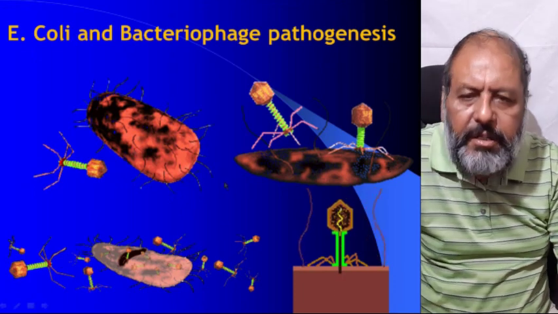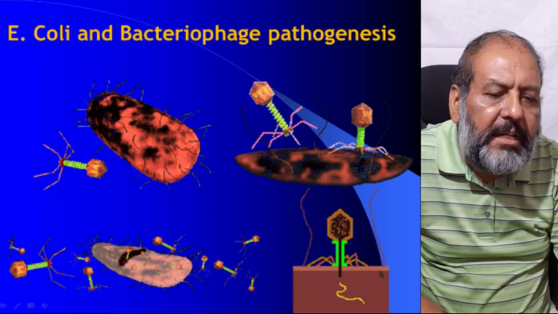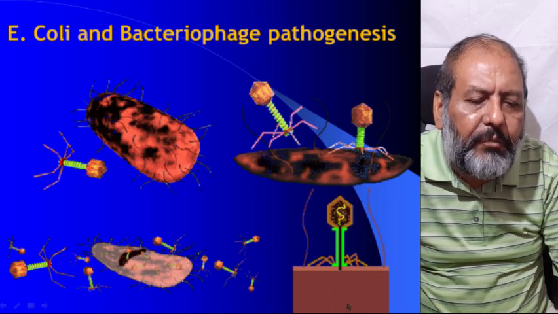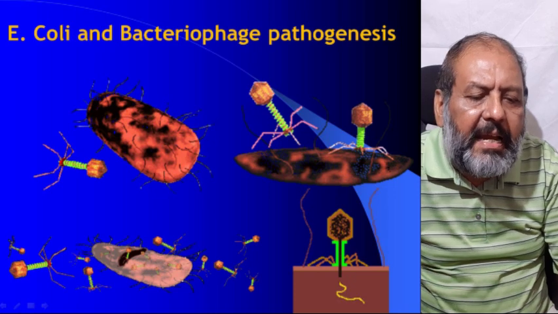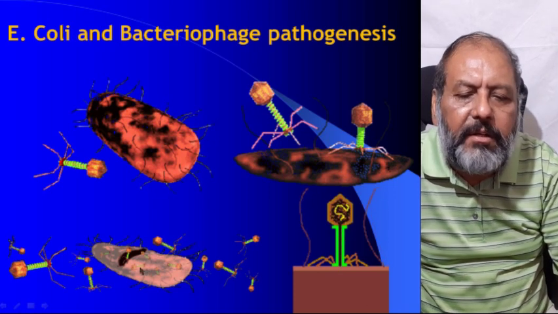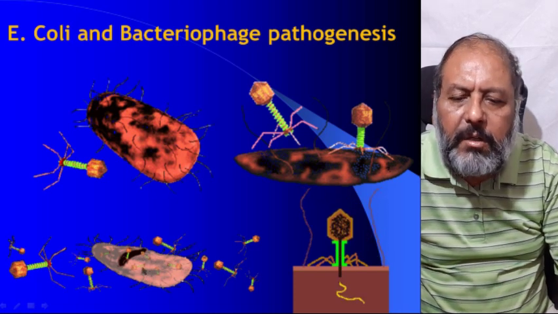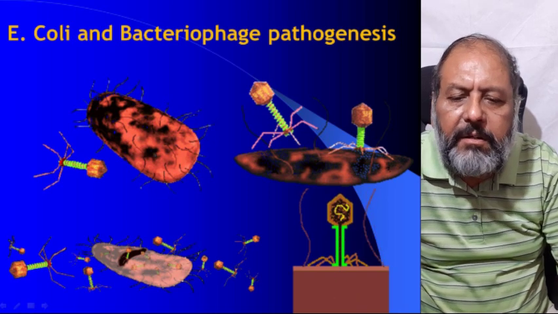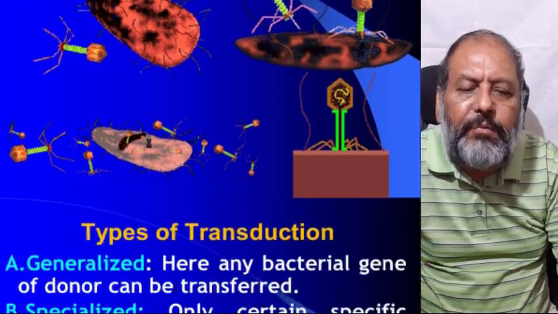Here one can see the bacteriophage infecting the bacteria and transferring its genetic material into the bacterium. Then the bacterium is going to produce more bacteriophages, which are capable of infecting other E. coli bacteria.